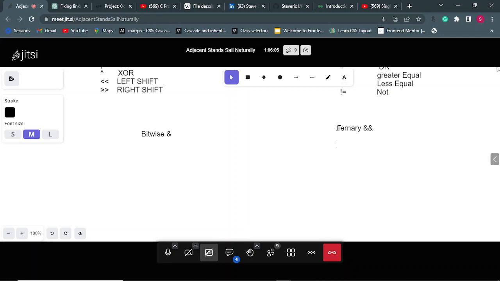Now, we all know that one means true and zero means false, right?